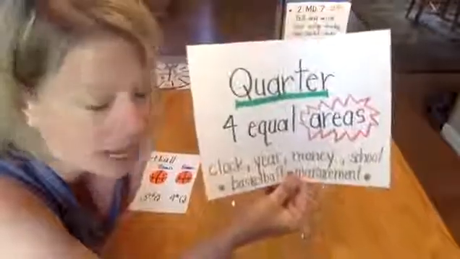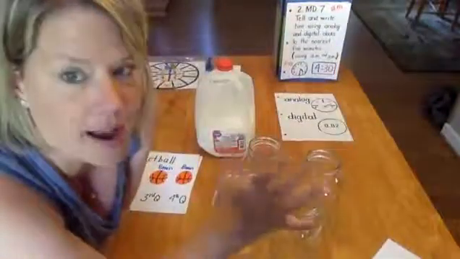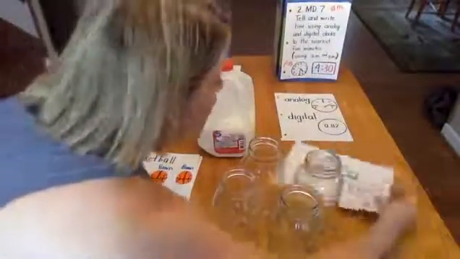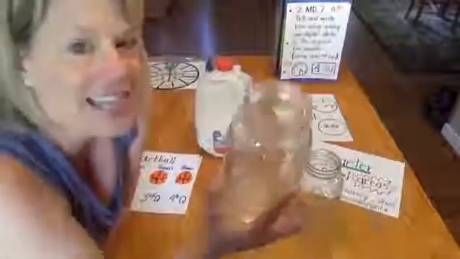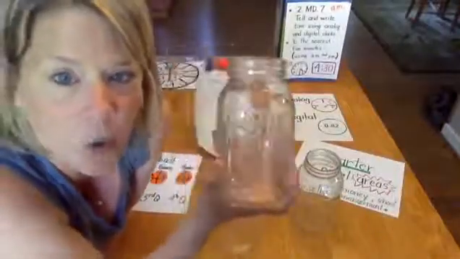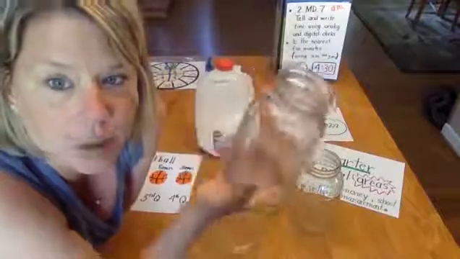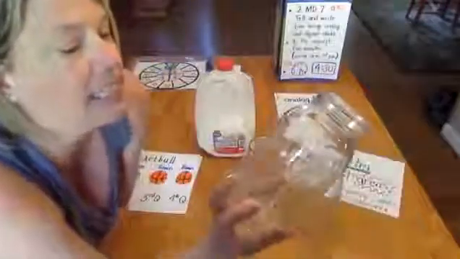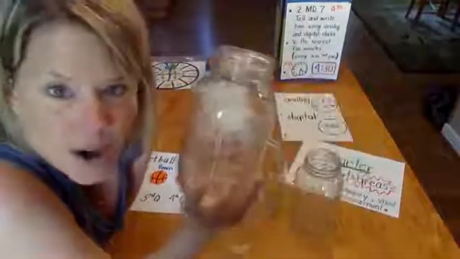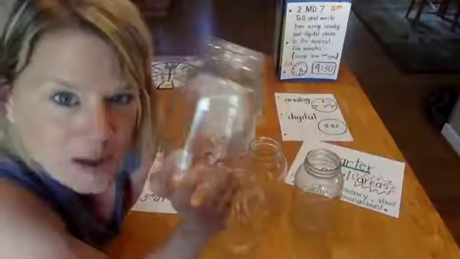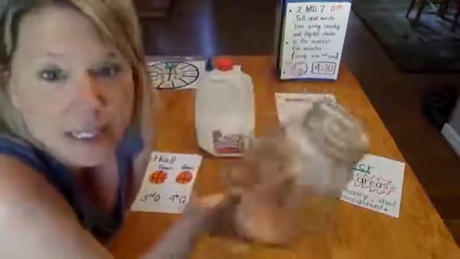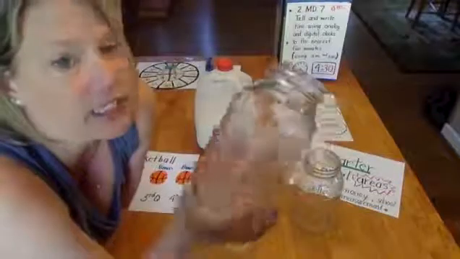So Miss Street has some things here. When we think about measurement, this guy right here is called a quart jar. I see these a lot. My memas and my mother-in-law can green beans or they can soup.